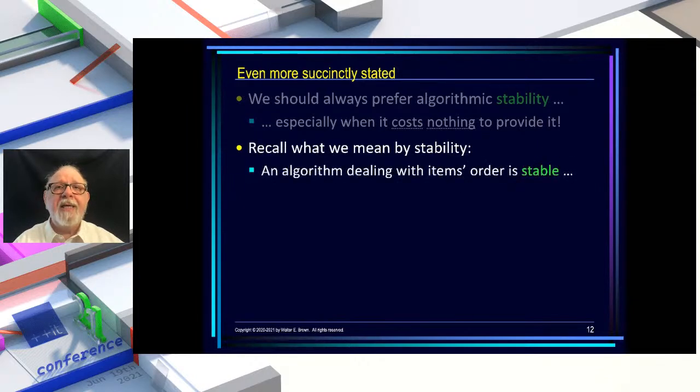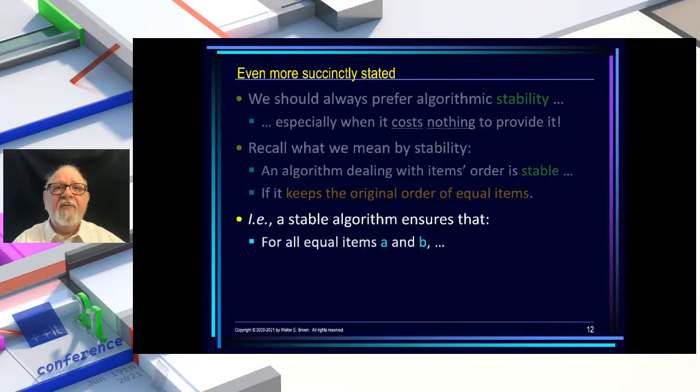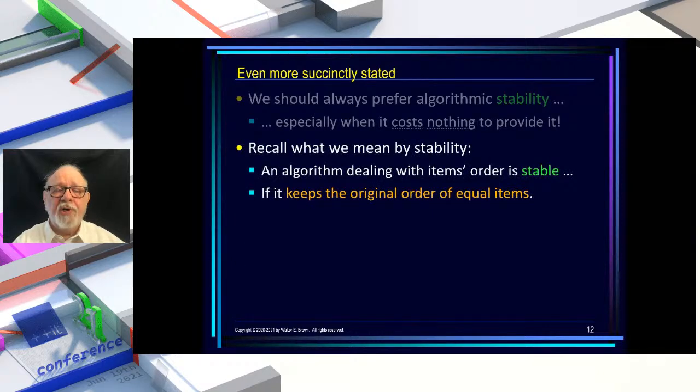Recall that stability is a property of an algorithm that is concerned with the order of certain items, and we say that that algorithm is stable if it keeps the original order of items that compare equal.